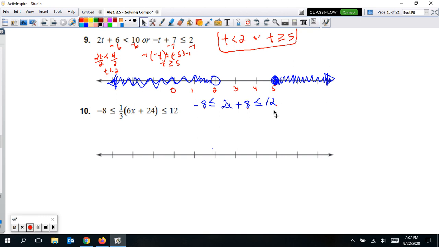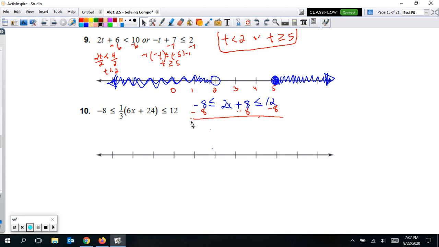So now we have an easier inequality, no fractions anymore. And what we need to do is get the x by itself in the middle, in between these two inequality symbols. So we have to start by undoing this plus 8. So we have to subtract 8 here in the middle. But whatever I do to my middle, I'm going to do to both the left and right sides of this long statement. So I'm going to subtract 8 from the -8 and subtract 8 from the 12 on the other side.